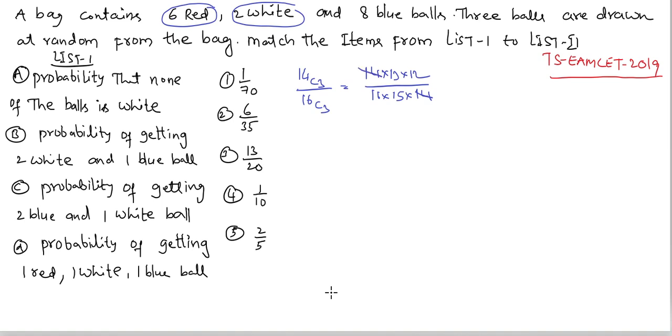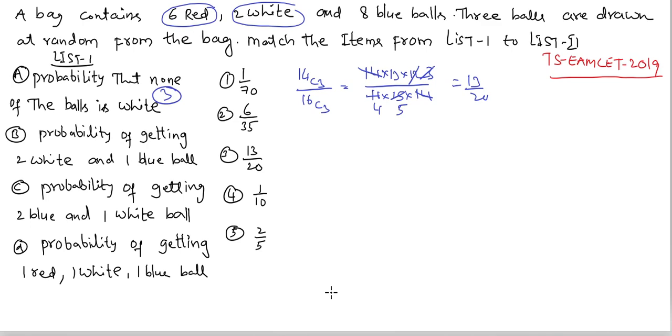So 14 cancels, 4 4s are 12, that is 13, and 3 5 times cancelled. 13 by 20. So first one is mapped to third one.